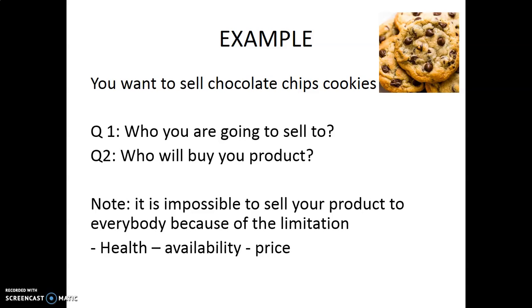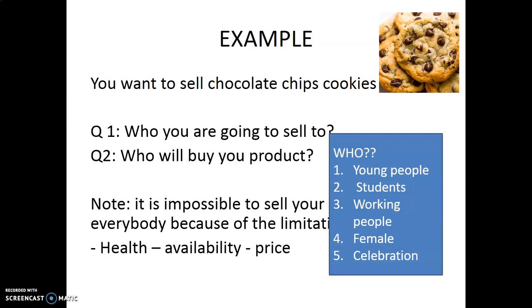Or maybe the availability, maybe you can sell it at the Gombak campus, but it's not available at the Gambang campus. Or maybe about the price, if you want to sell it at a higher price, like Famous Amos, not many people can buy it. This is the limitation.